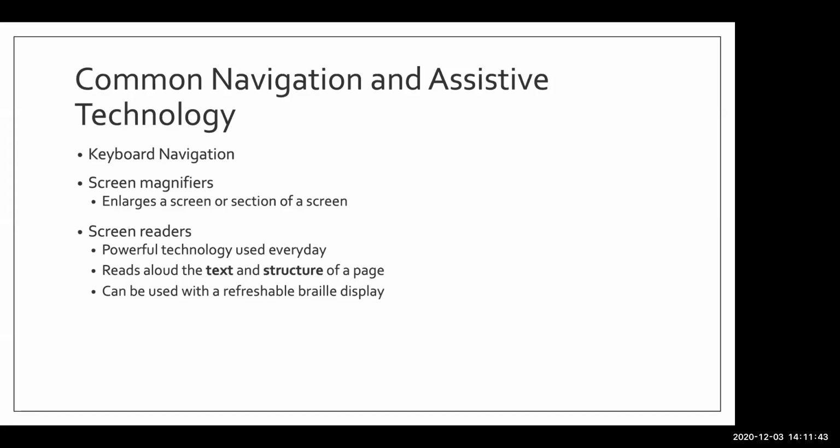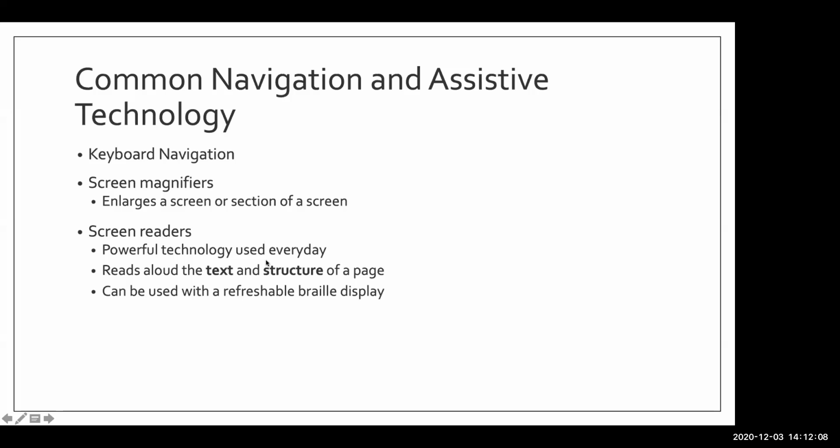Often it will allow the user to change the colors. Perhaps for them, it is easier to read yellow text on a black background. Sometimes the screen magnifier will allow someone to make that change so that there's a greater legibility of the text that they're reading. There are certain considerations that we need to make when we're building websites to make sure that they work well with screen magnifiers.